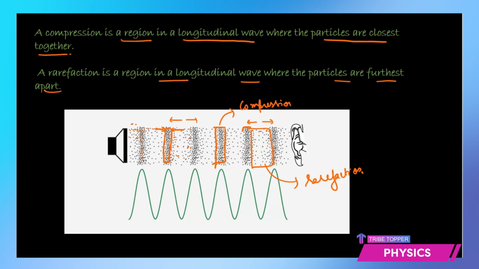Compressions are the region where the particles are vibrating towards each other. If you plot it graphically, you see the top peaks refer to the compressions and the bottom peaks correspond to the rarefactions. So this is how a sound wave or any longitudinal wave travels, in the form of compressions and rarefactions.